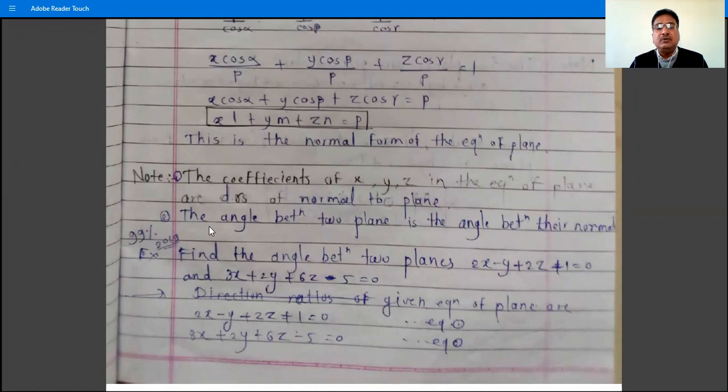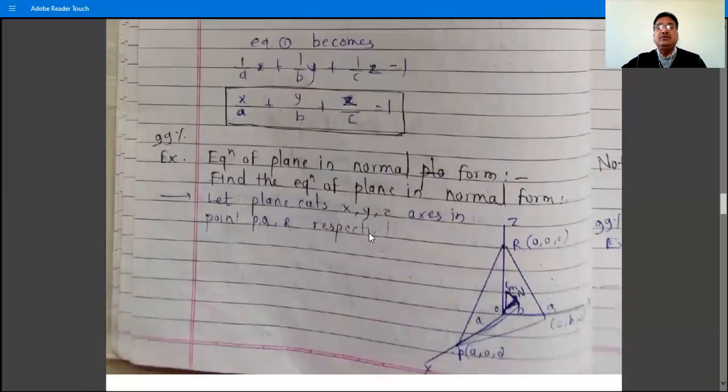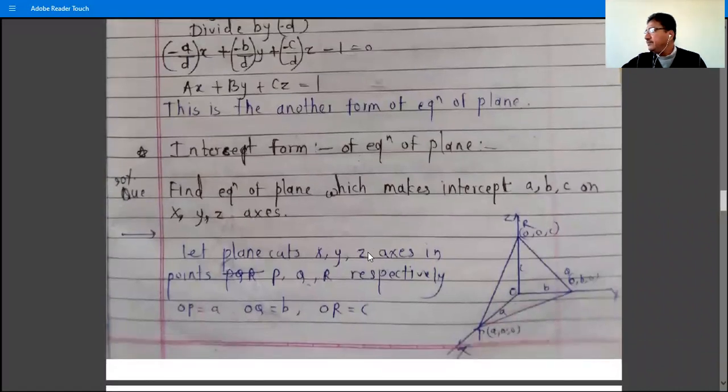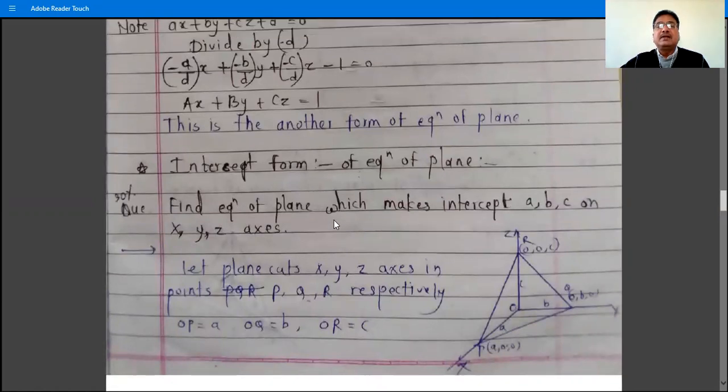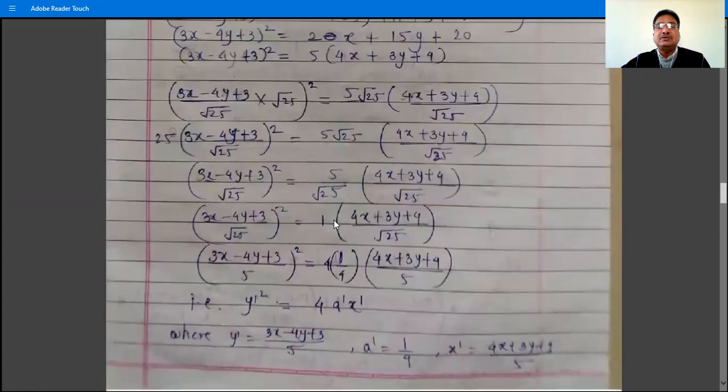So we have to find the angle between two lines, and we have formulas from the previous chapter. Cos theta is equal to l1 l2 plus m1 m2 plus n1 n2, the angle in terms of direction cosines.